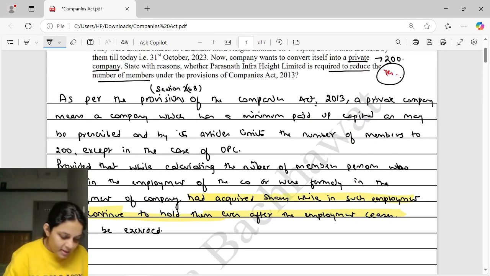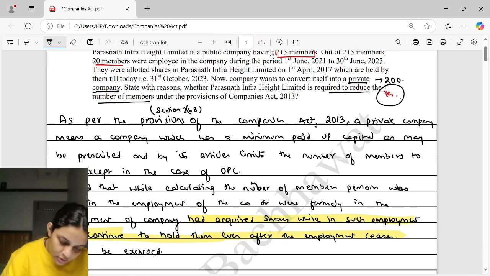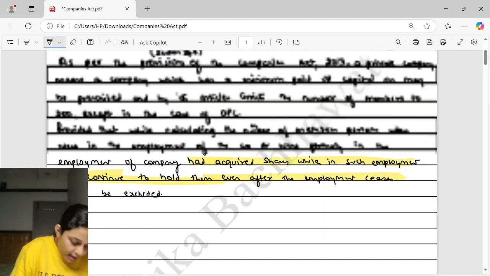Right? So, is Prashant Infra Height Limited required to? Yes.